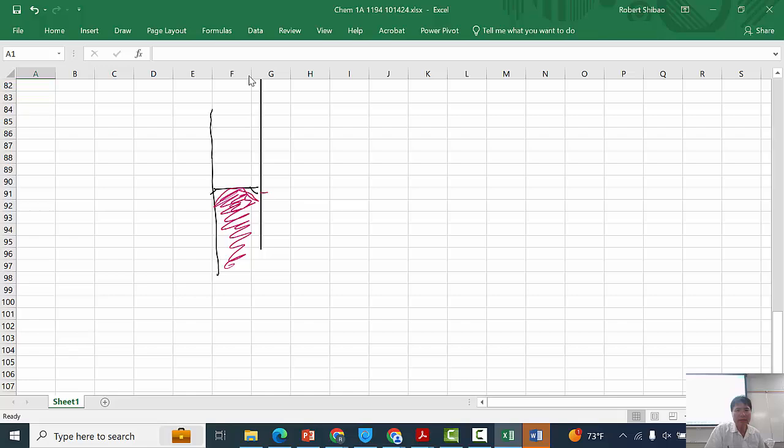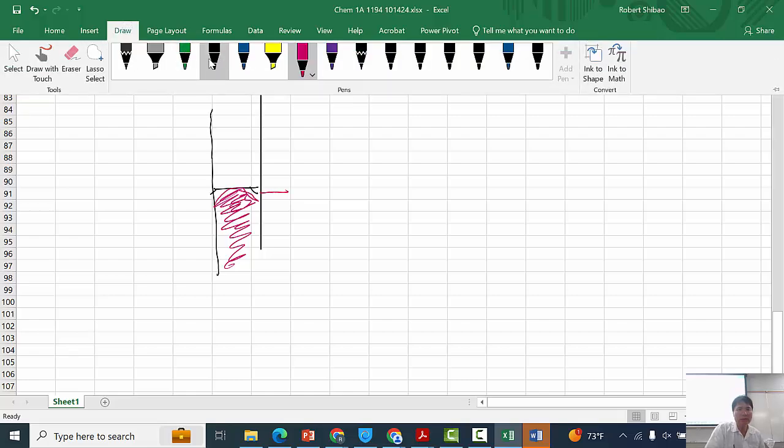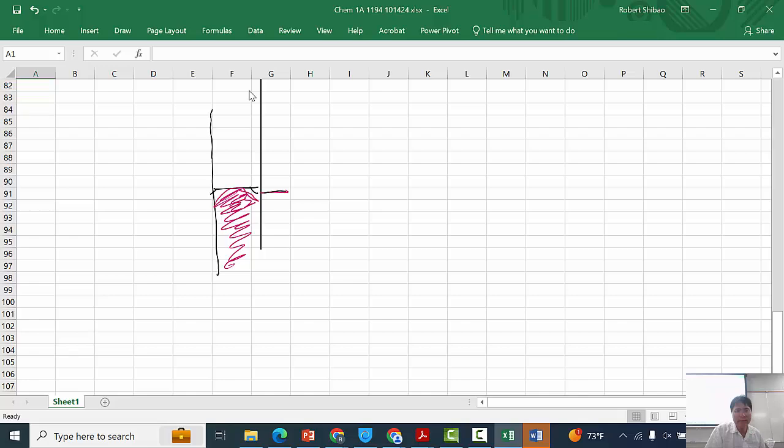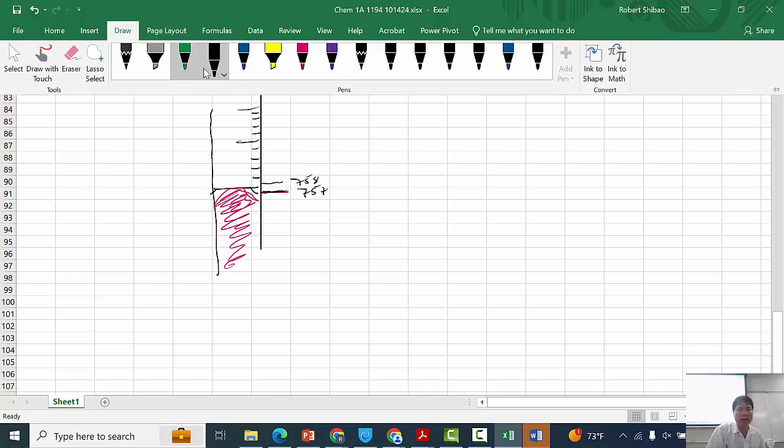And so this would be the 757 here. And then this would be 758. And then on the vernier, there are going to be markings here on the vernier scale. 10 markings. And then all we do is find out which line up with the line on the right.